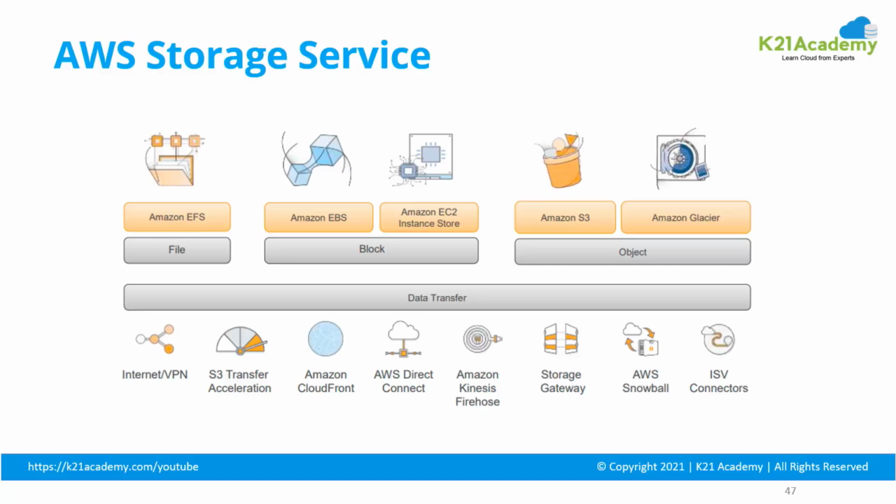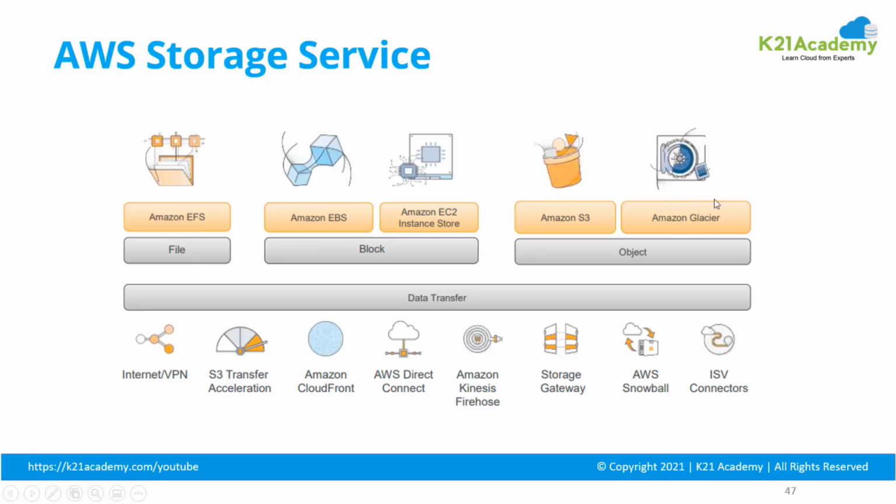Within each of block, object, and file, Amazon AWS has a storage service. Amazon S3, which stands for Simple Storage Service, is for storing the object type of files, like images, GIFs, backups and so on.